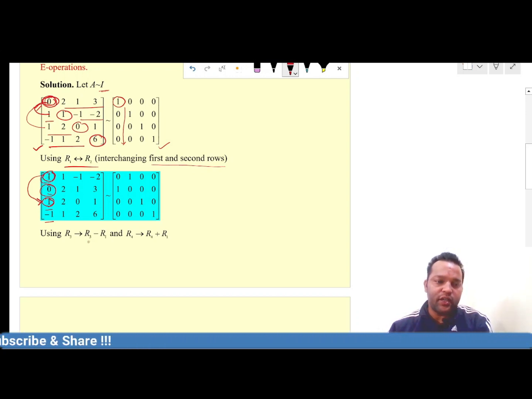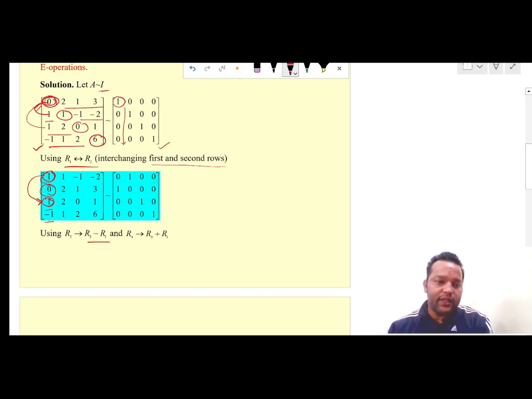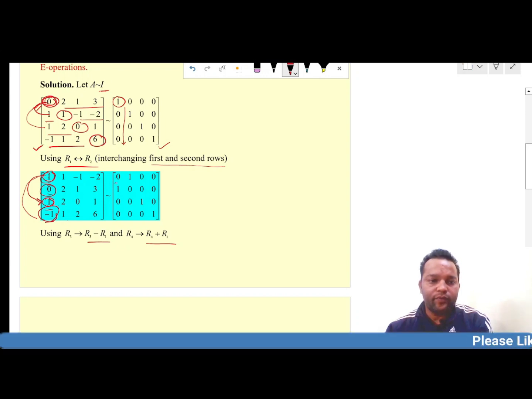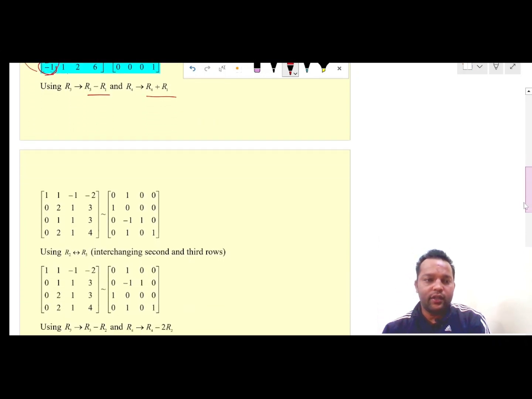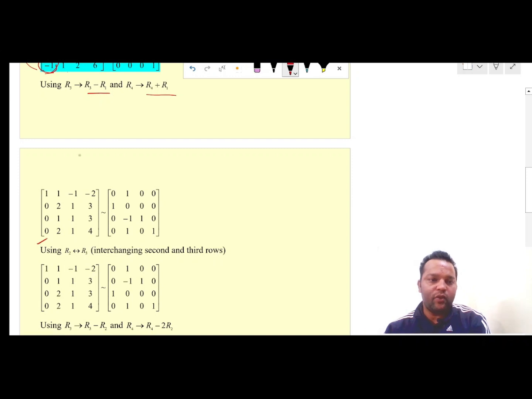The corresponding operation is R3 minus R1. For this entry minus 1, we again convert it into 0 with the help of this 1. The corresponding operation is R4 plus R1. The same operations are also applied to the identity matrix. So we have obtained this form with the help of these two elementary transformations.